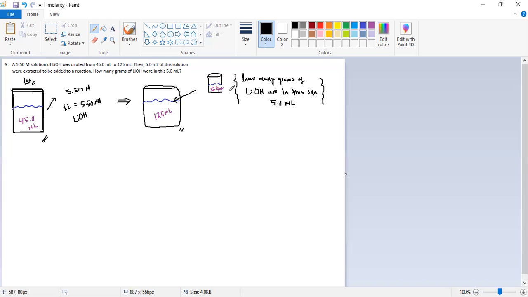But what I really want to make concrete is that this had its own molarity, right? The 45 milliliter solution had its own molarity at 5.50. In other words, for every liter, you had 5.50 moles of the solute.